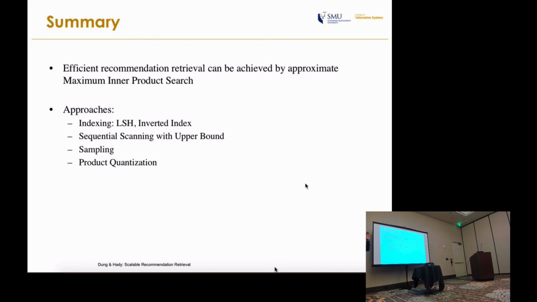You can train your model with any matrix factorization based methods like PMF or BPR, and you can apply any of these mechanisms to solve the retrieval problem efficiently. So this treats the two phases independently. That gives you the flexibility of which algorithm you use to train the recommendation algorithms, and how you retrieve the recommendation in real time.